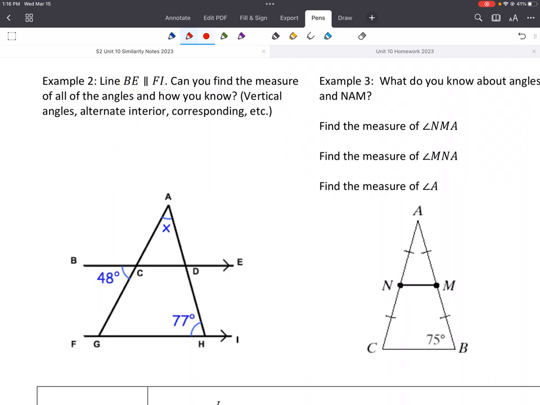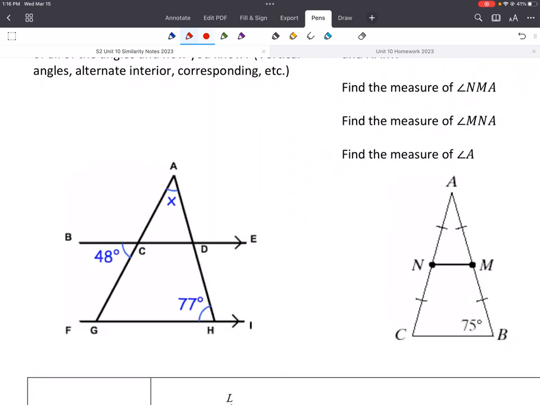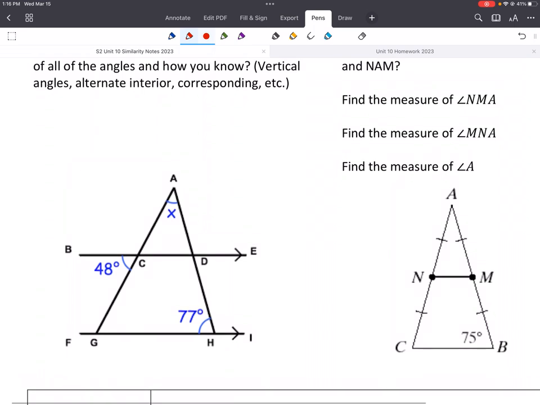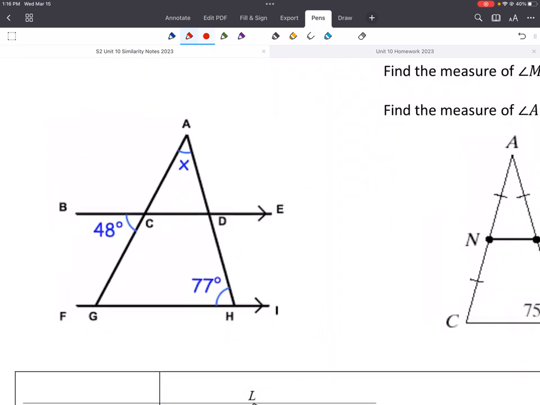Also mentioned right here, these symbols are saying that they're parallel. And they want to know what is the value of x? And it says to explain how you know. You might not need to write it so much, but just being able to explain why angles are congruent, and why they add up to 180.